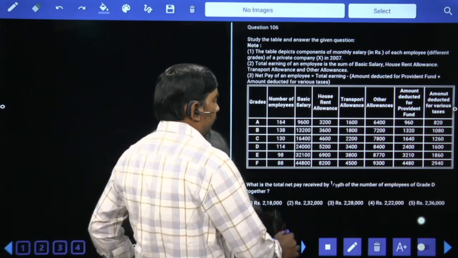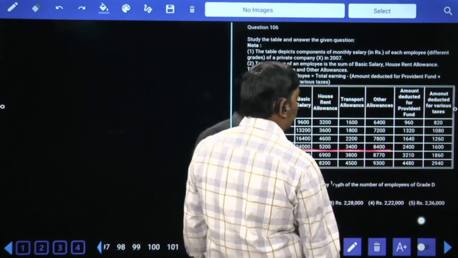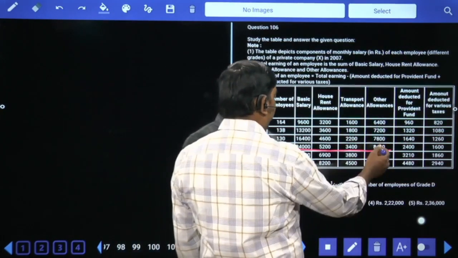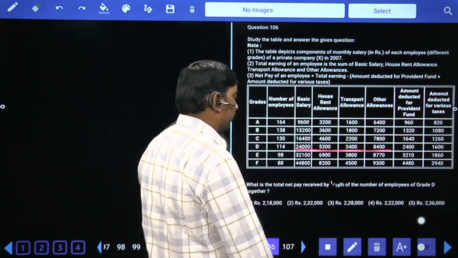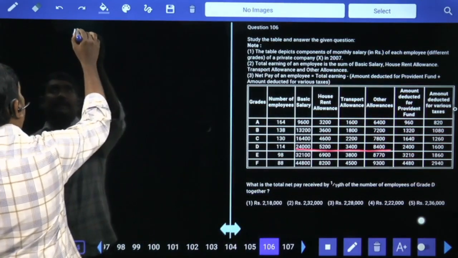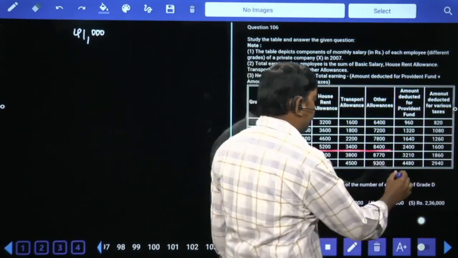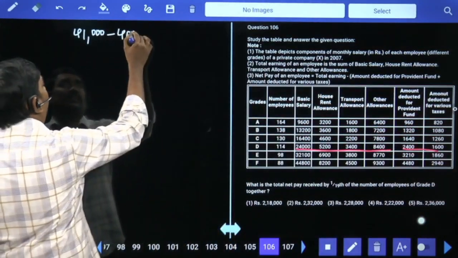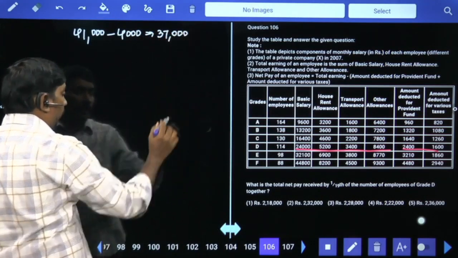Grade D. First of all, net pay means total earnings minus deductions. 11,800, 5,200, 17,000, 24,000, 41,000 minus 4,000, nothing but 37,000 is the net pay of one employee.